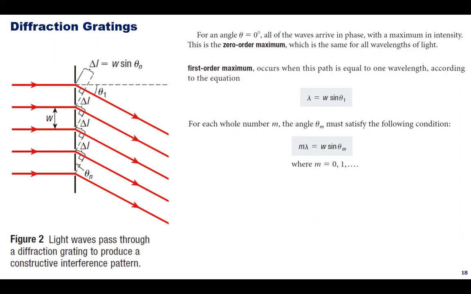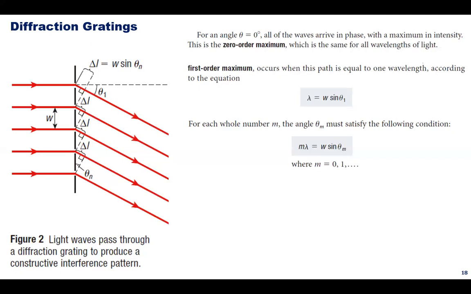This is the zero order maximum, which is the same for all wavelengths of light. The next maximum occurs at angle theta 1, where the path length difference between successive slits is exactly lambda. The waves are again in phase when they reach the screen.